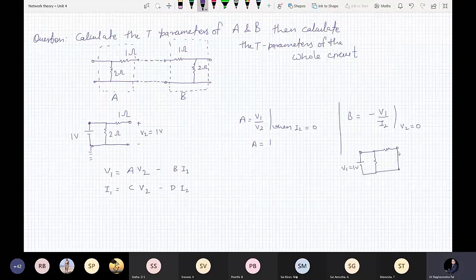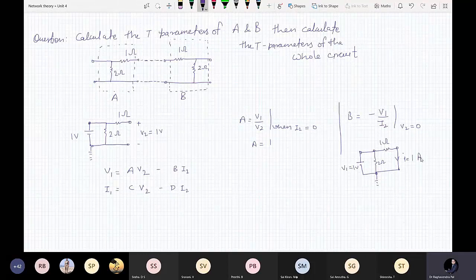So if it is short circuited, V2 is 0. Correct. So V1 is 1 volt. This is 1 ohm and this is 2 ohm. So what will be the current passing through this? You can see, because 1 volt is here, 1 volt will be here also. So 1, here 0. So 1 minus 0 upon 1. So current passing through this direction will be 1 ampere.